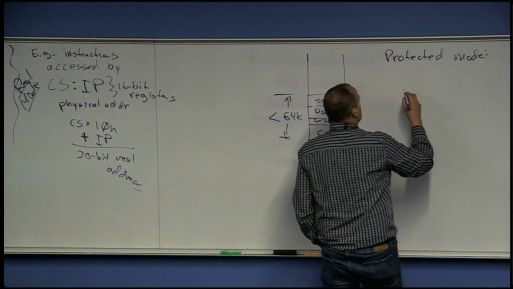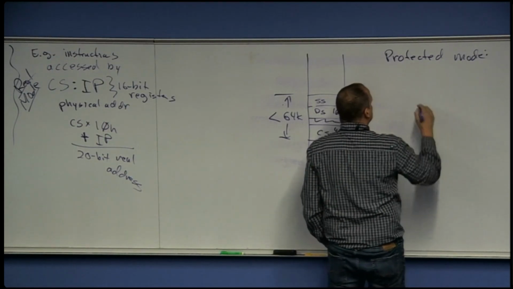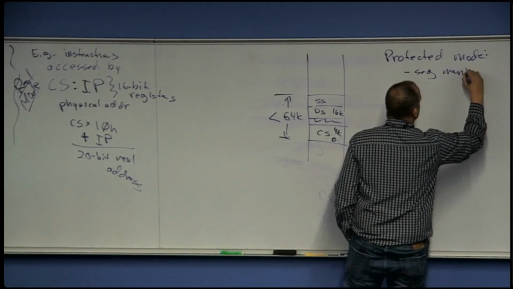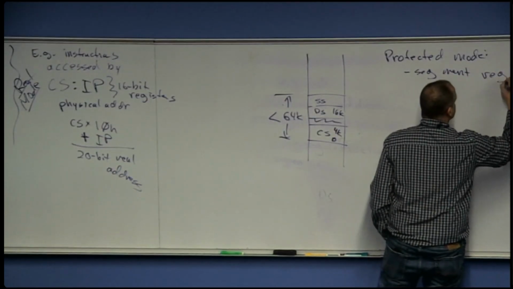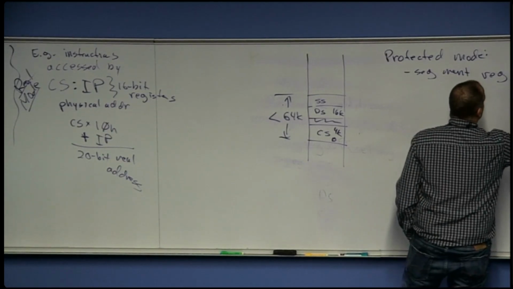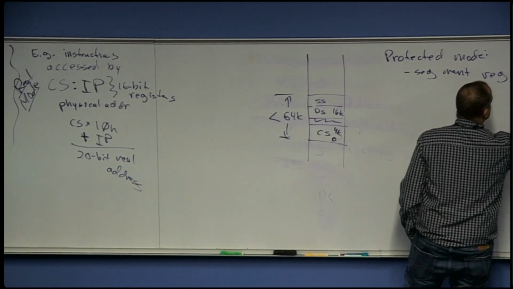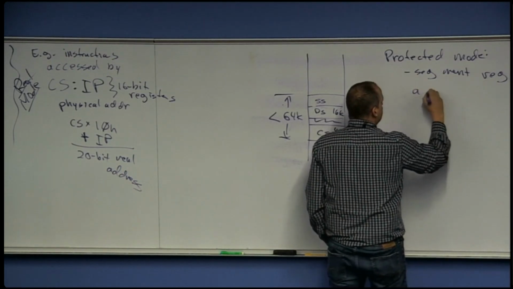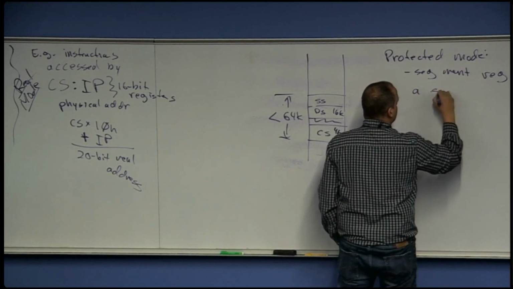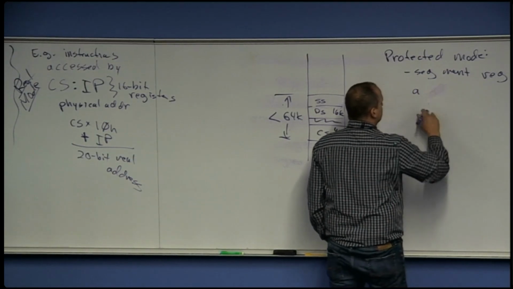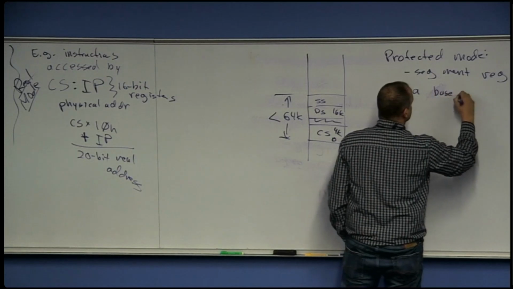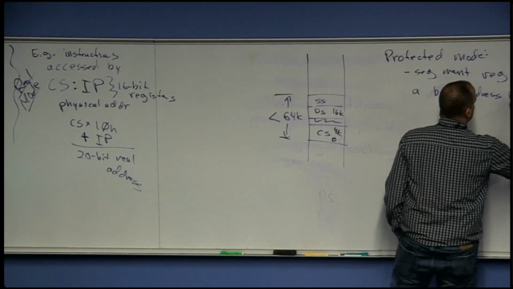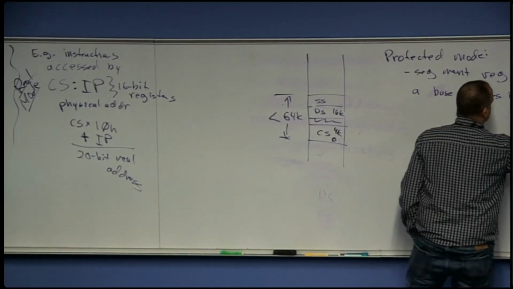So protected mode is a scheme where the segment register points to a beginning address, starting address. We'll call it a base address because that's what it is called, in what's called a descriptor.